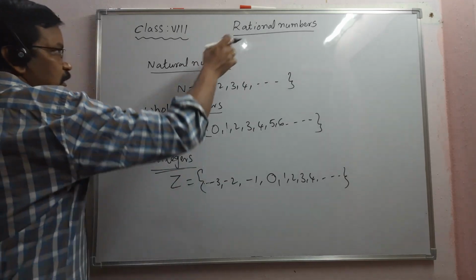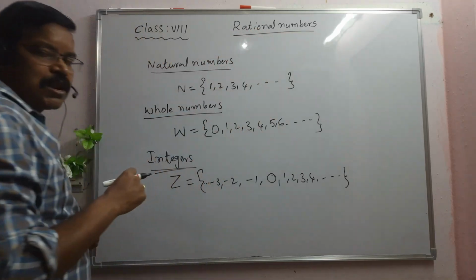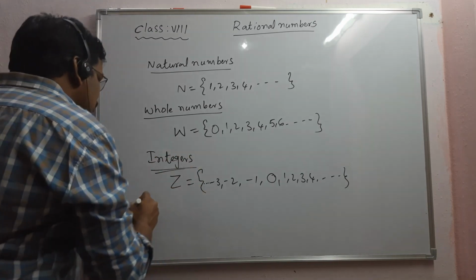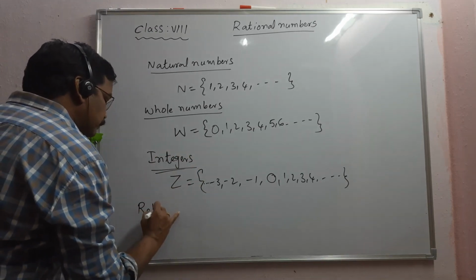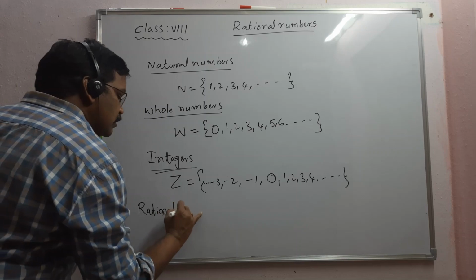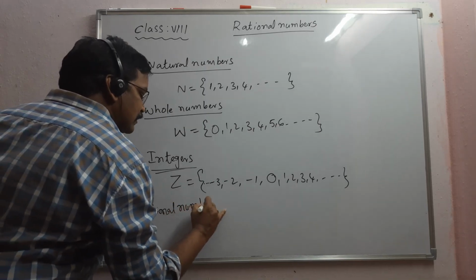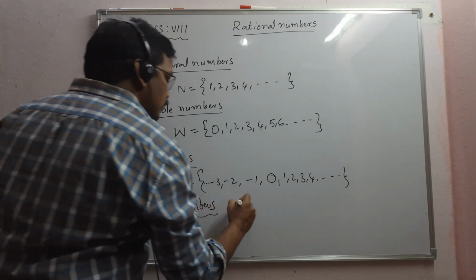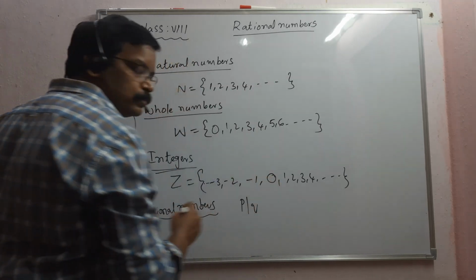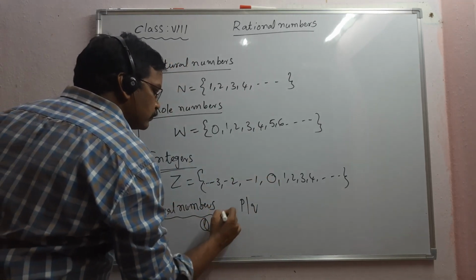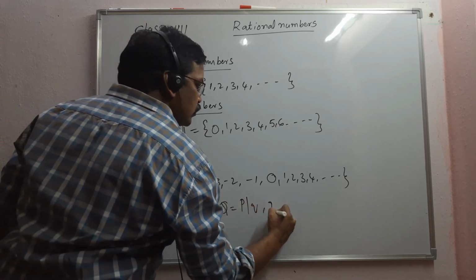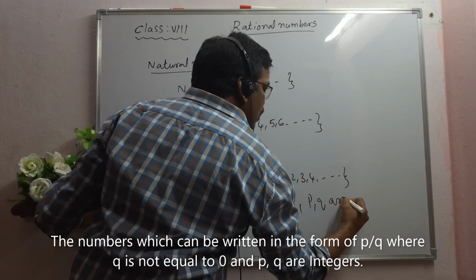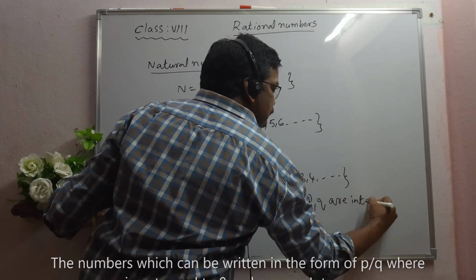The next topic, rational numbers. This is the title of our chapter, our lesson. Rational numbers are the numbers which can be written in the form of p by q, where q is not equal to 0, and p, q are integers.